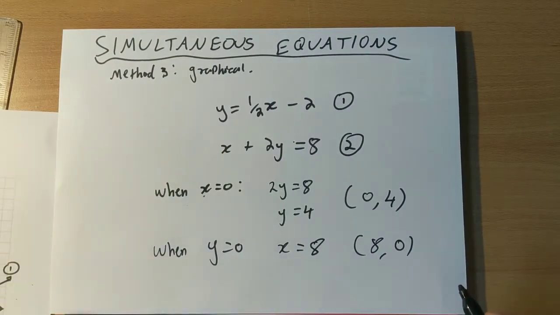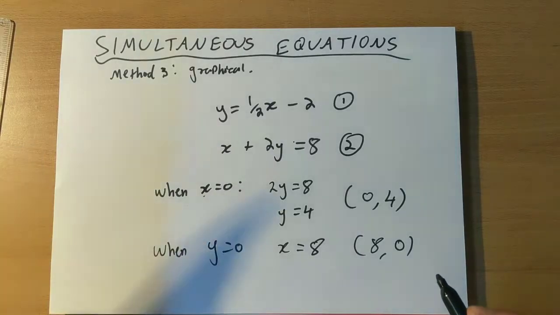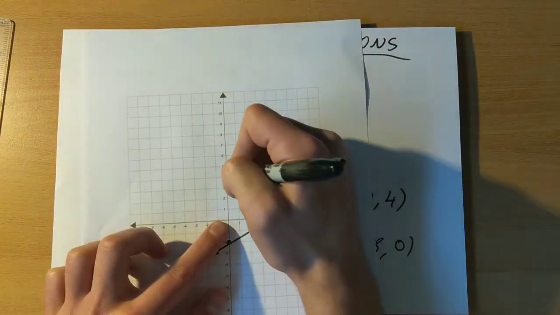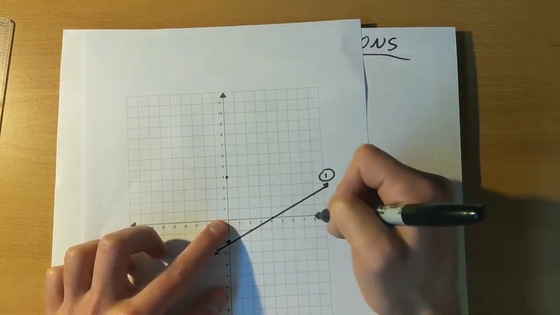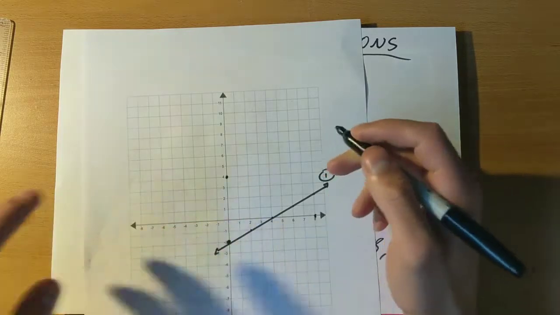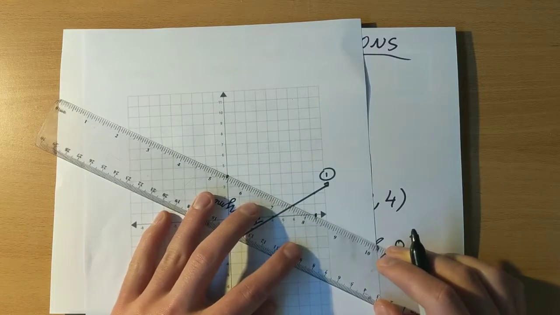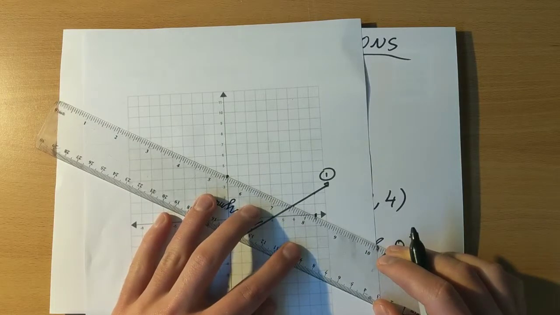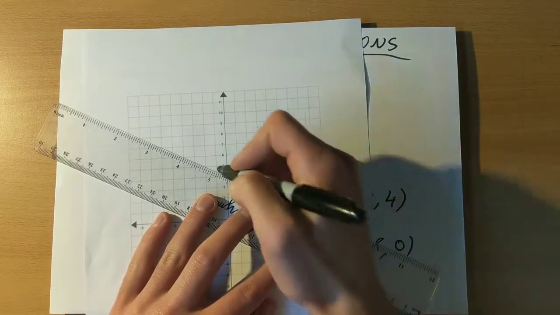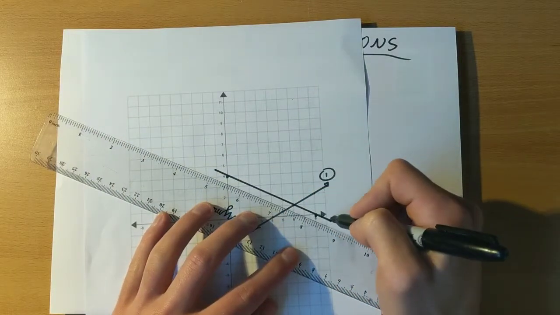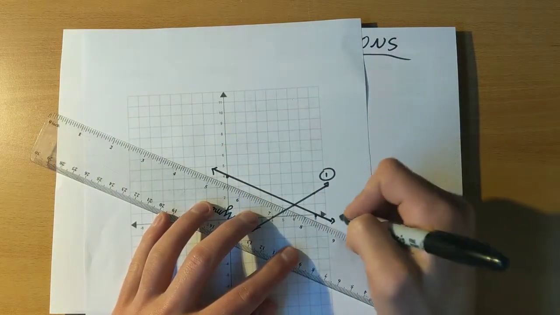So now I can plot both of those points on the graph. So when x is 0, y is 4, and when y is 0, x is 8. And I can join up those two points to create my linear graph. And this here would be the line for equation 2.